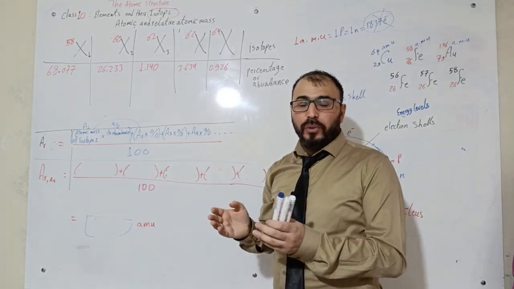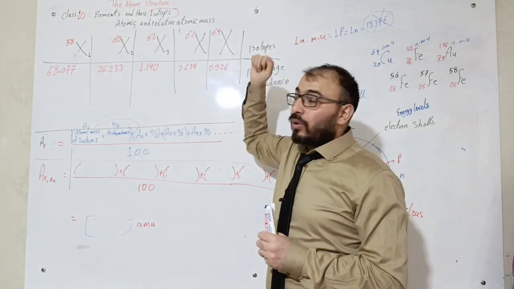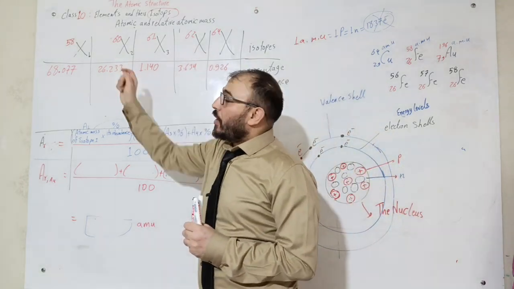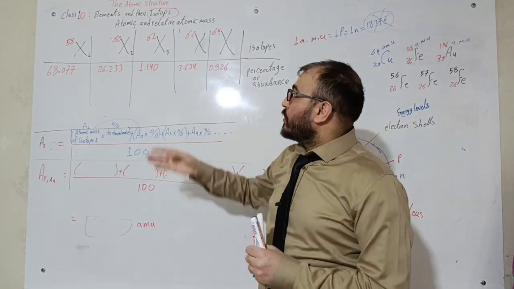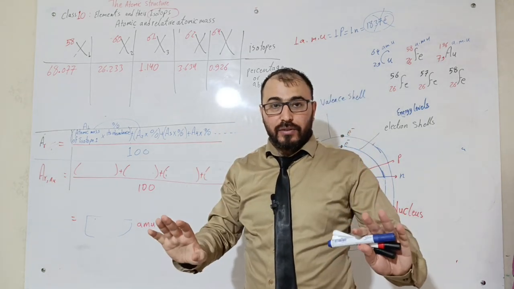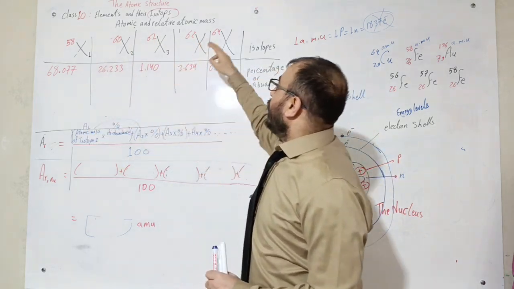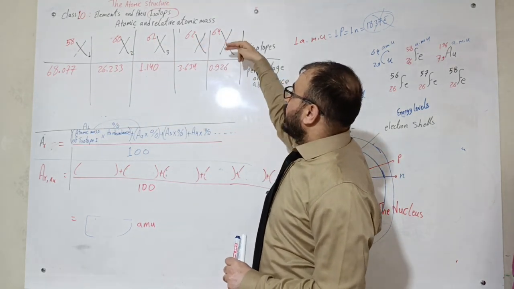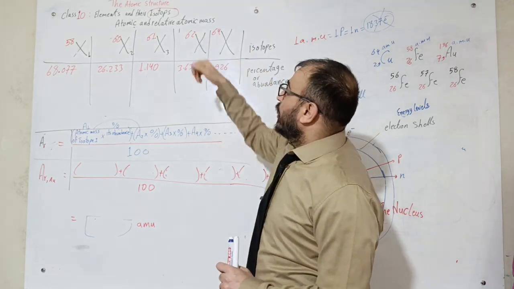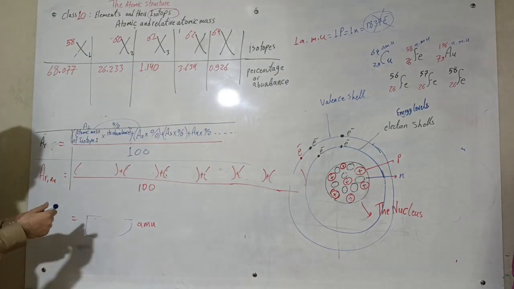So if you were asked to calculate the relative atomic mass and you were given all of the isotopes without their atomic numbers or number of protons, don't panic, relax, and go through only the atomic masses and their percentages or abundances for every isotope.